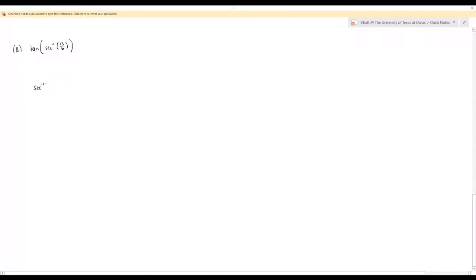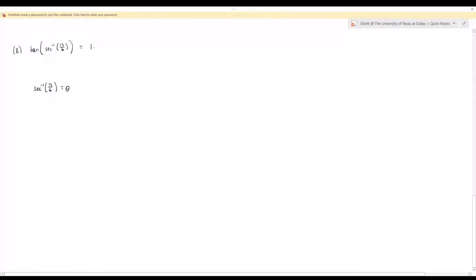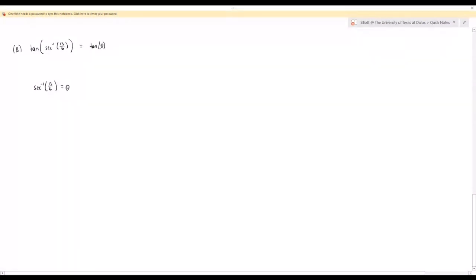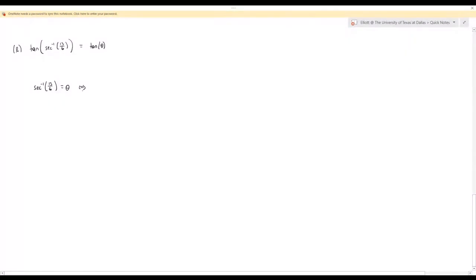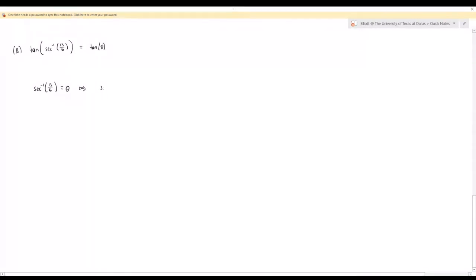So I'm going to start with the inside again. Secant inverse, like all the other inverse trig functions, gives you an angle theta. So whatever this angle theta is, we're looking for a tangent of theta. To get a better sense of this angle, I'll move the secant inverse to the other side.